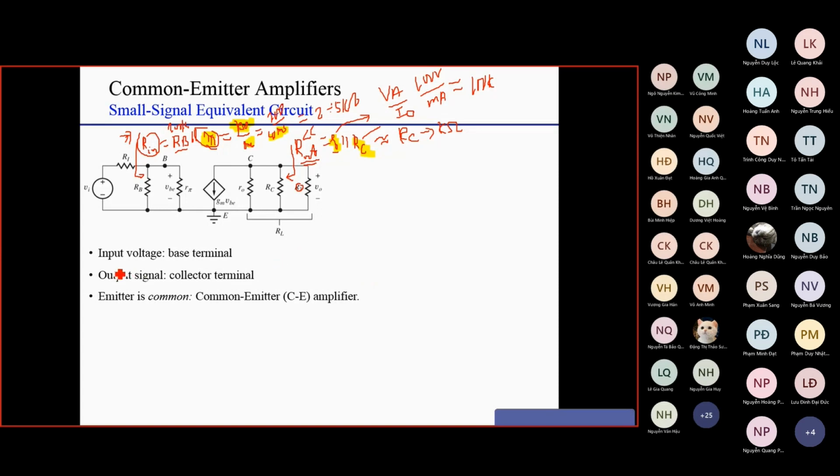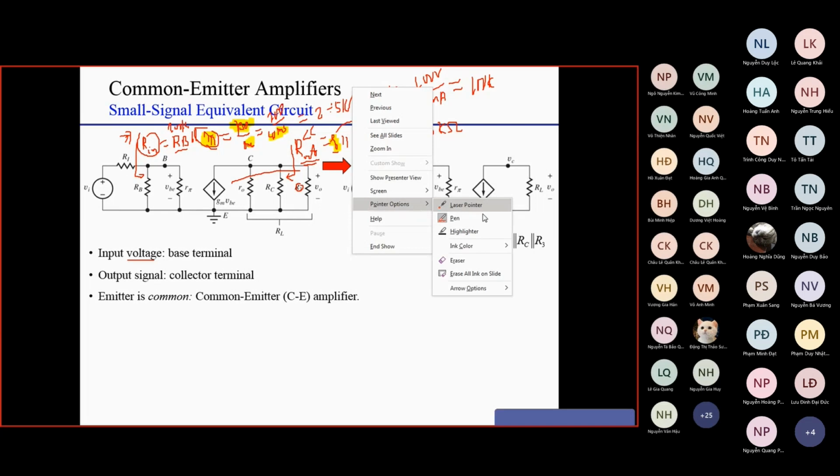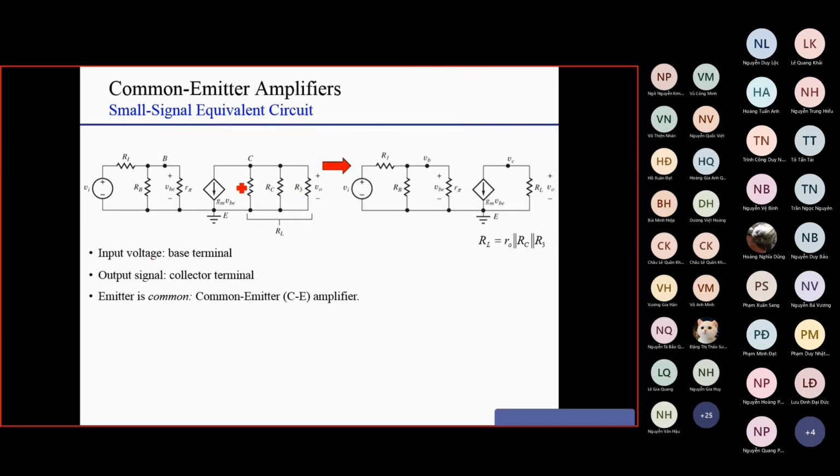How about the gain, okay? The gain here includes the voltage gain, okay? So you can see here, we can further simplify this circuit by combining everything connected between the collector and the ground here as the load, and we call that RL.